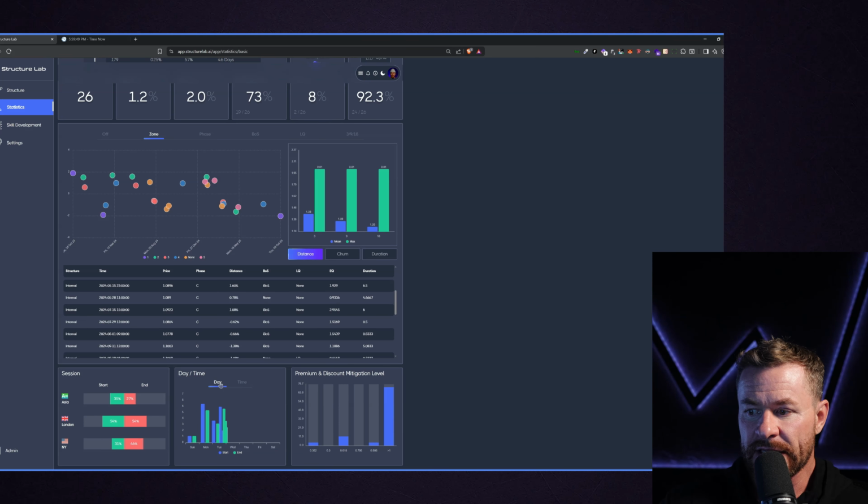However, when we look at the day, we can see that Wednesday is the most likely day of the week for this structure to terminate and for the new structure to begin. We can dial that in even further and look at the time, and we can see right off the bat that 1300 UTC time, or 1 p.m. UTC time, is the most likely time for this structure to end.